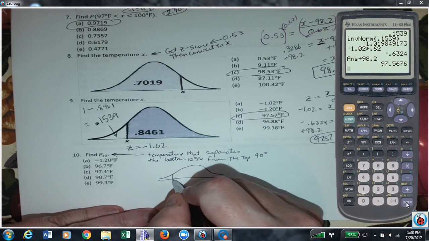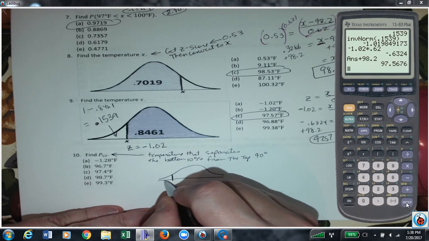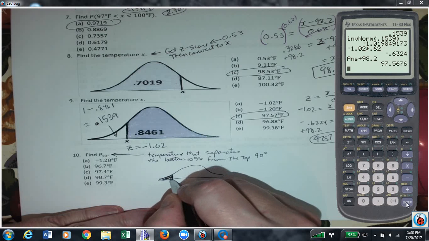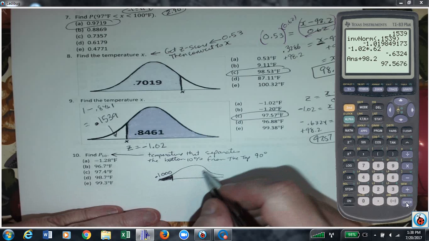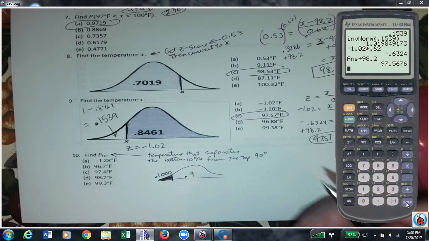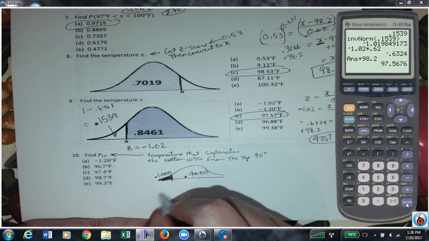So 10% as a decimal is 0.1. And this right area would be 90% in decimal form.